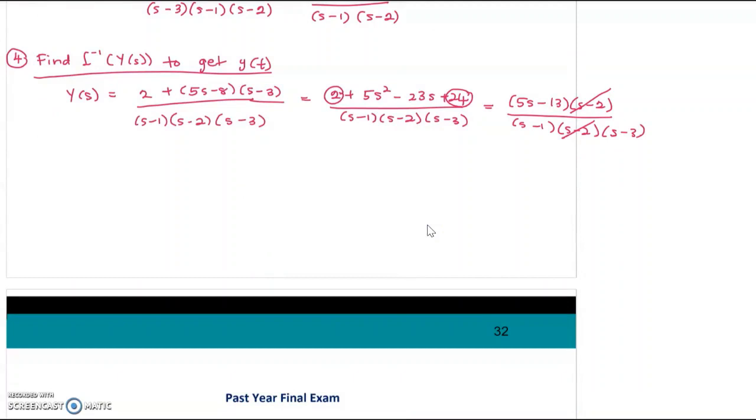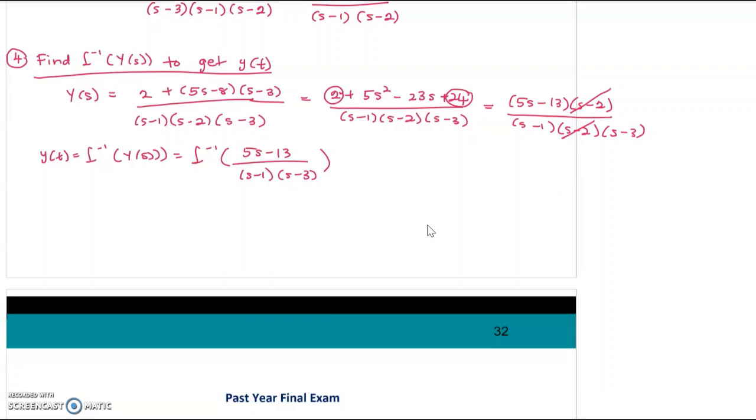So it means that our yt, which is the inverse of Ys, is actually the inverse of 5s minus 13 over s minus 1, s minus 3, which, one more time, can be handled by partial fraction.